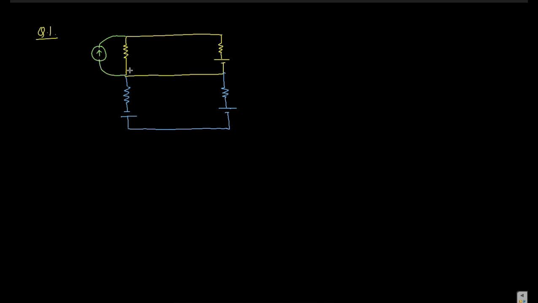So this is a circuit, this is A and this is B. It has a 3 ohm resistor with a 6 volt battery, and a 1 ohm resistor with a 3 volt battery. Here it is a 2 ohm resistor with a 4 volt DC source, and here it is a 2 ohm resistor with a 1 ampere current source. Now what is the question? Reduce the network into a single source and a single resistance.